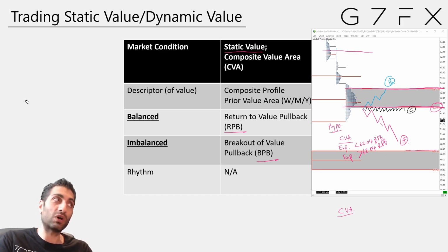How is that different to what I've written down on a developing value framework? Well, this actually starts to describe my trade expectation. So when I'm above 62.04, what's my trade expectation? To return to value.